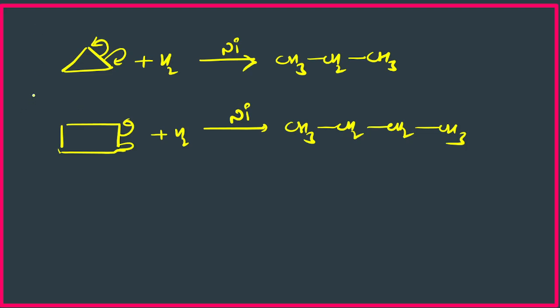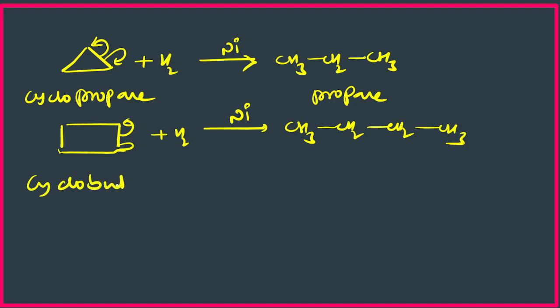It is cyclopropane to propane. See, cyclobutane has the highest strain, so it becomes alkanes in presence of hydrogen and nickel.